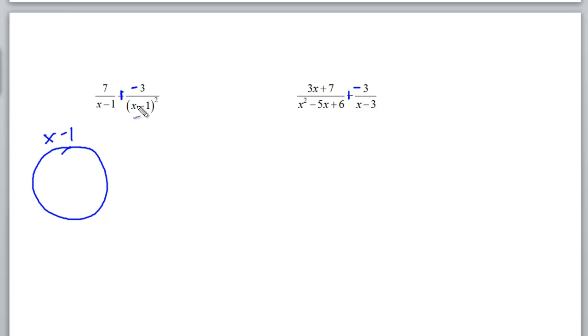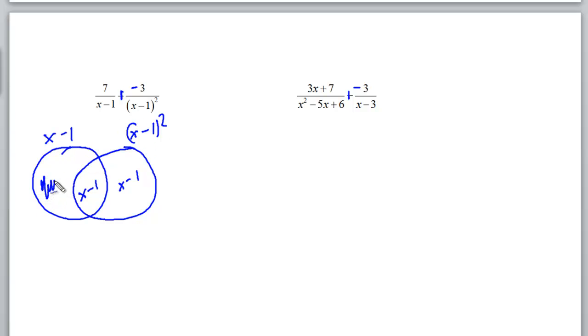Now this is x minus 1 squared. So this is like 2 x minus 1s. So in the Venn diagram, notice I have some overlap there. This x minus 1 is over here too. So this x minus 1 is like having 2 of them. And there's an x minus 1 already here, so really there's nothing to do to the right-hand side at all.